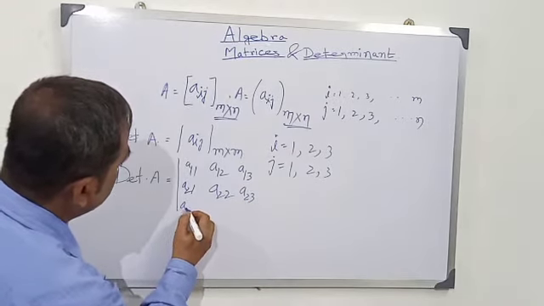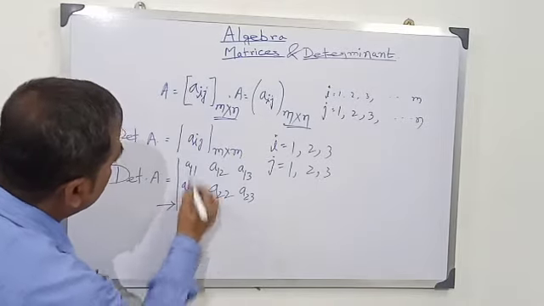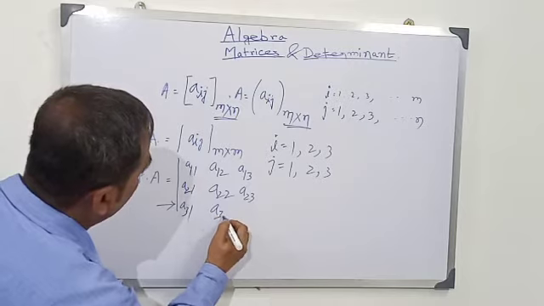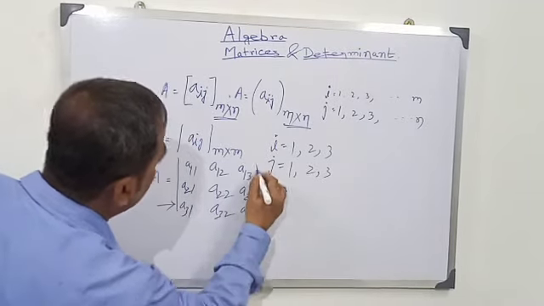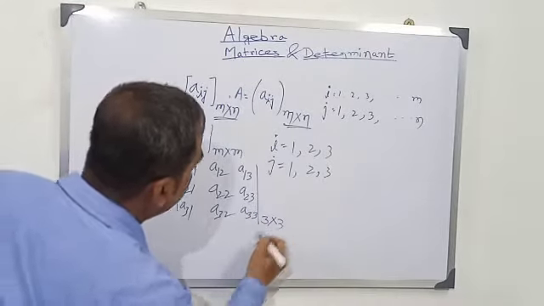Here is third row, first column, third row, second column, third row, third column. So it is becoming order 3 cross 3.